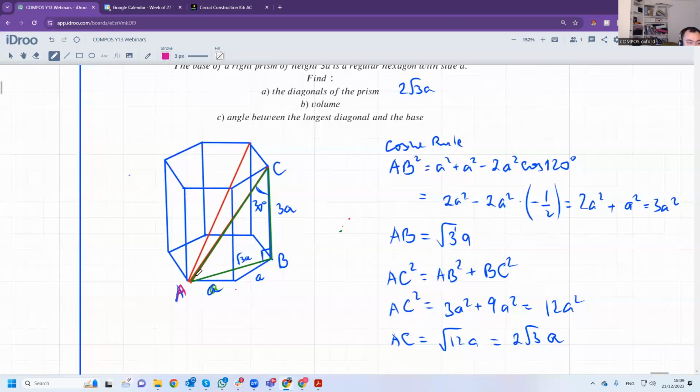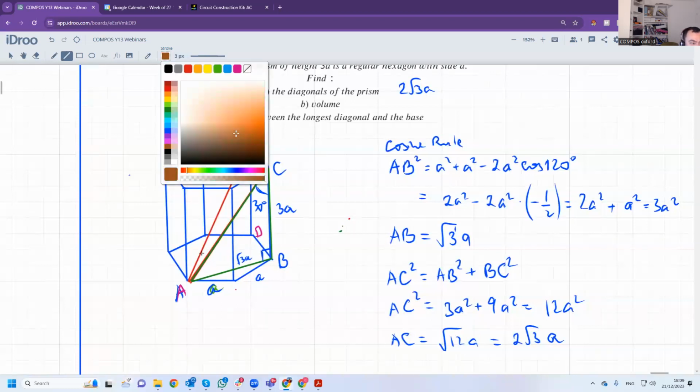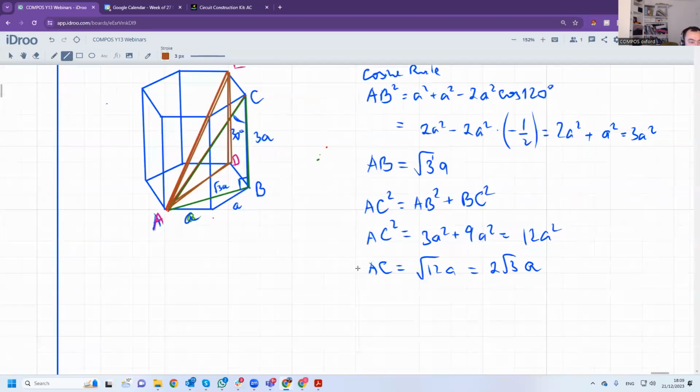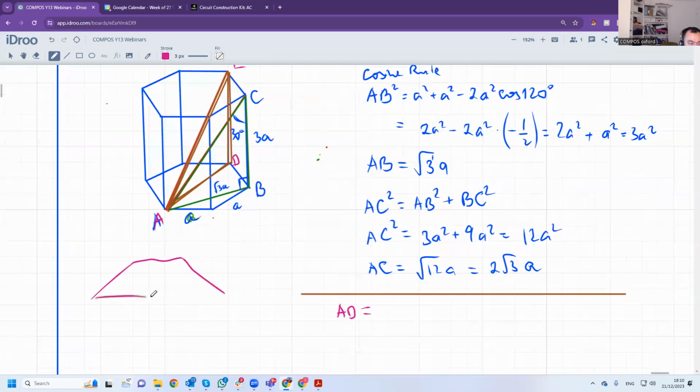So you label it ADE, and you try to find this triangle here. And in a similar way, you have AD. Well, AD is actually equal to 2A, because if you think about how a hexagon works, if you know anything about a hexagon, you will agree with me.